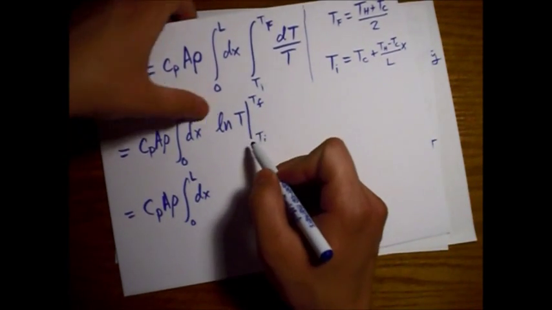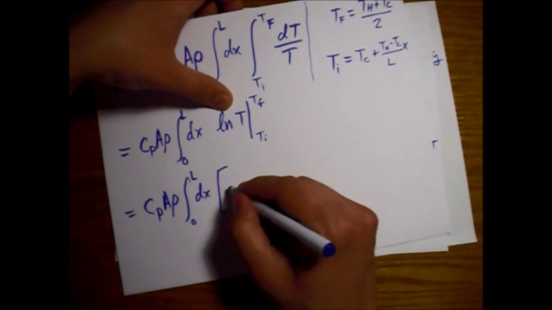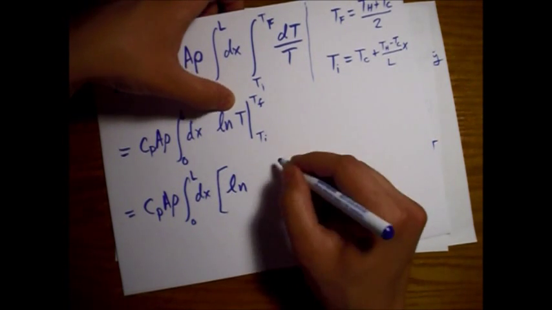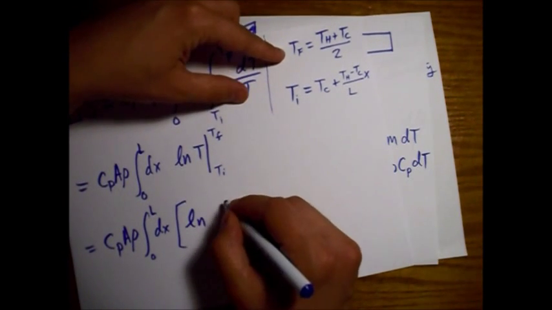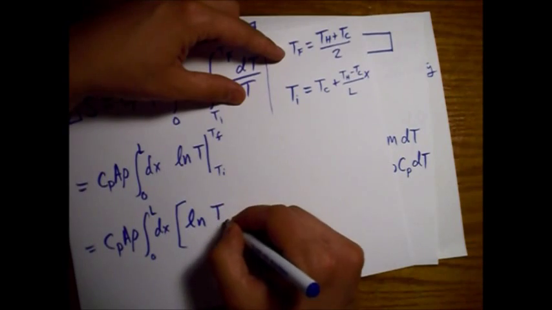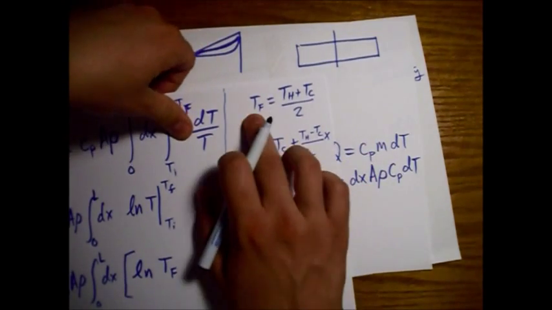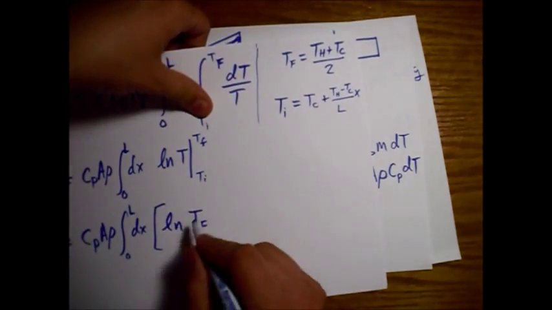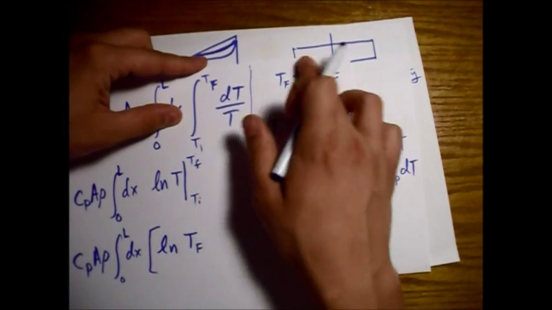Okay, so now let's put these guys in. Let's put in the TF. Well, since this doesn't depend on X, I'm just going to keep this as a TF for now. But we'll just keep in mind that that's what TF is, okay?